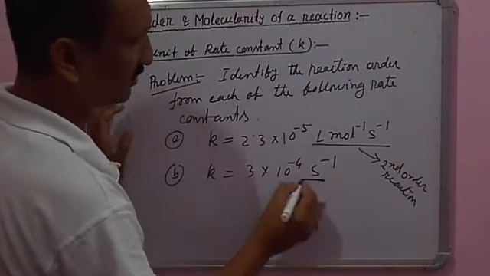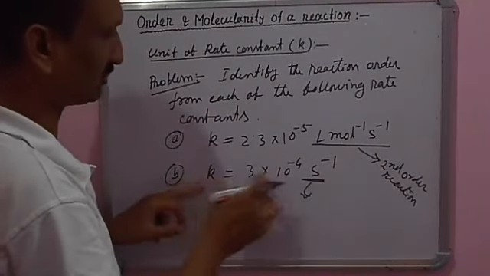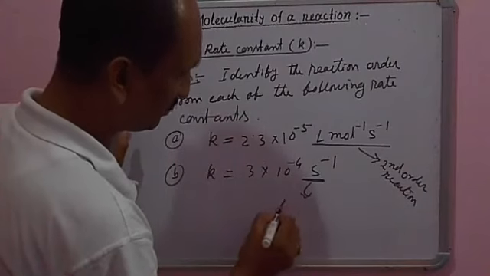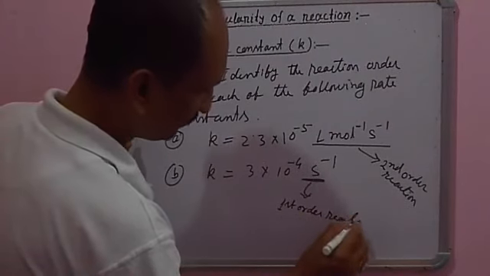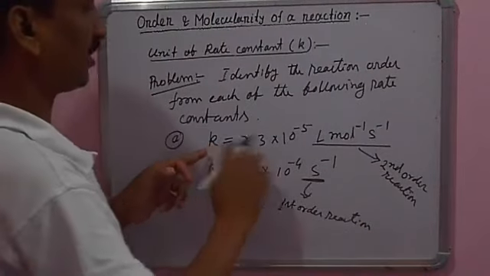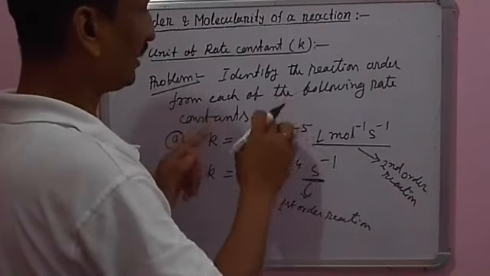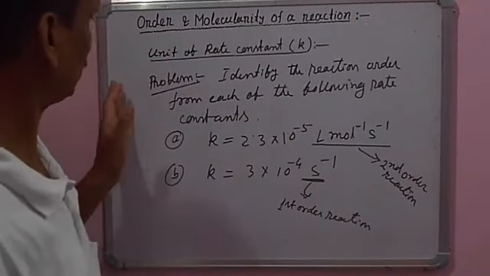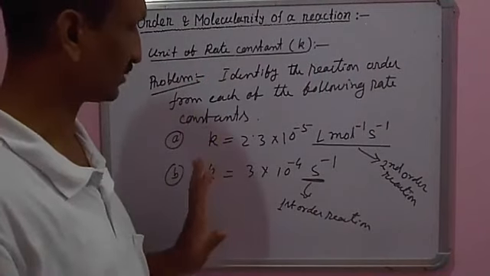And second inverse, just now we have seen, is for the first order reaction, that for the first order reaction the unit of the rate constant is second inverse. So this is a first order reaction. So this way, from the unit of the rate constant value, we can identify the order of a chemical reaction.